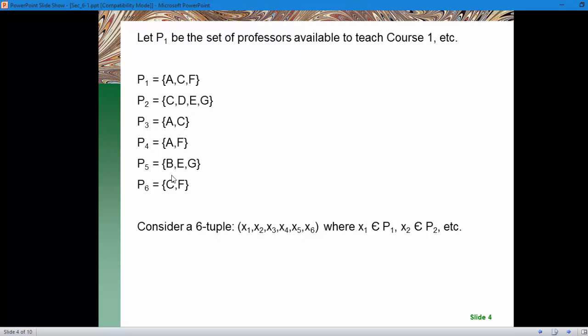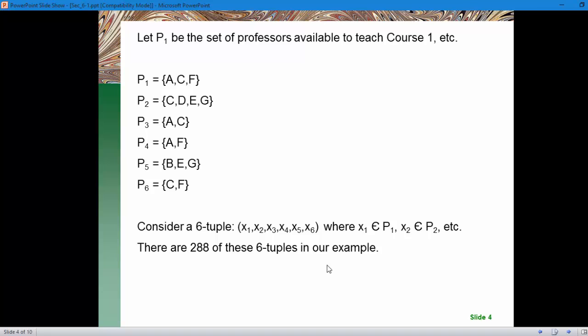In this case, because we have 6 sets, we're going to have 6 coordinates, and we call that a 6-tuple. The first entry in the tuple is an element of P1. The second element is an element of P2, and so forth.